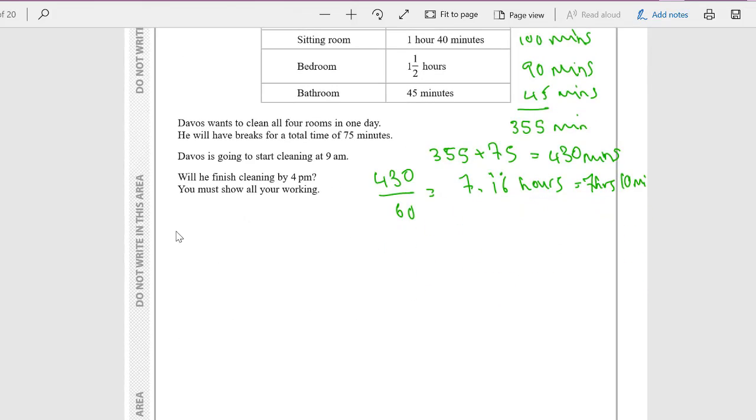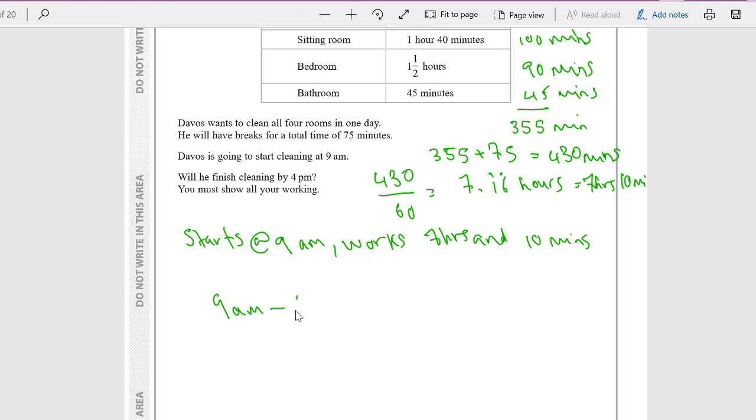So if Davos starts at 9 a.m., works 7 hours and 10 minutes, well then 7 hours after 9 a.m. is 4 p.m., and remember we've got the additional 10 minutes.